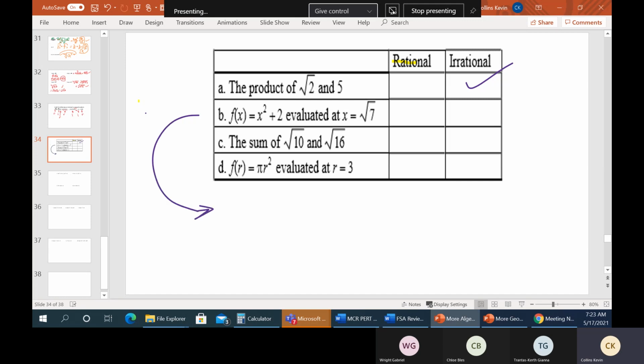So if we do the square root of 7 and then square it, don't we just get regular 7? Square root of 7 times square root of 7 is the square root of 49. Square root of 49 is just a 7, right? So this would just be 7 plus 2. So that's 9. So 9 is definitely a rational number. So don't let the square root of 7 fool you on that one. Once you square it, it goes back to being a rational number.